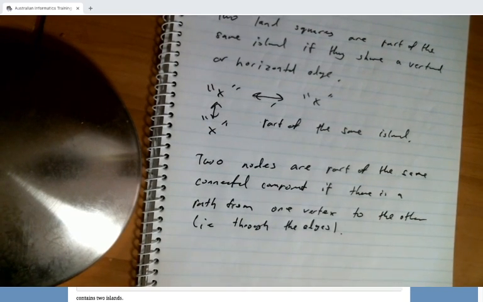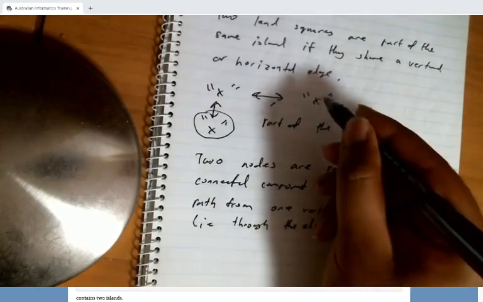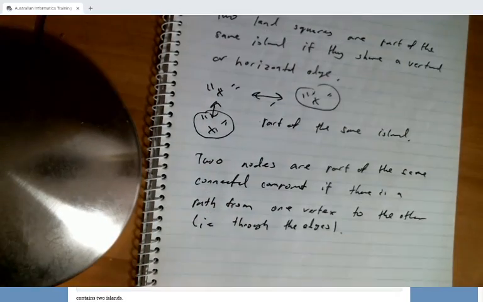Similarly, if two land squares are part of the same island, if they share a vertical or horizontal edge, it means that this X and this X are also part of the same island because they're connected to this, which is connected to this. So if I can find a path connected by horizontal or vertical edges from one X to another, we're in the same island. In the same way, with connected components, if I have two nodes and I can find a path through the edges from one vertex to the other, then those two vertices are part of the same connected component.